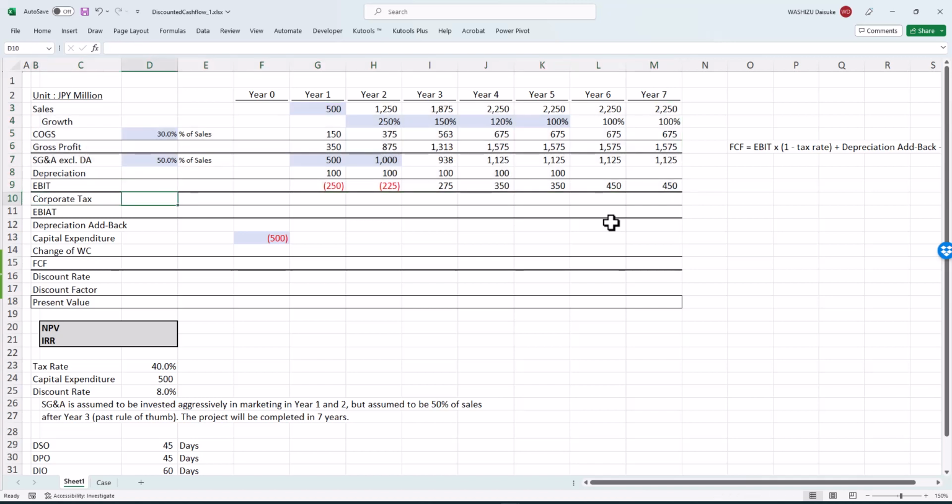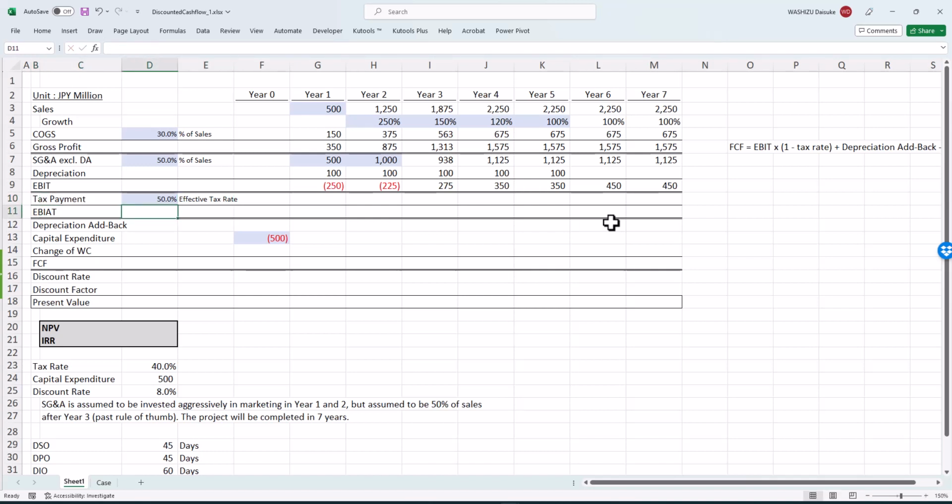Okay, so let's move on to the free cash flow calculations. Now we have an EBIT. We need to have a tax payment, and I put here the effective tax rate. Maybe it's not a corporate tax payment.